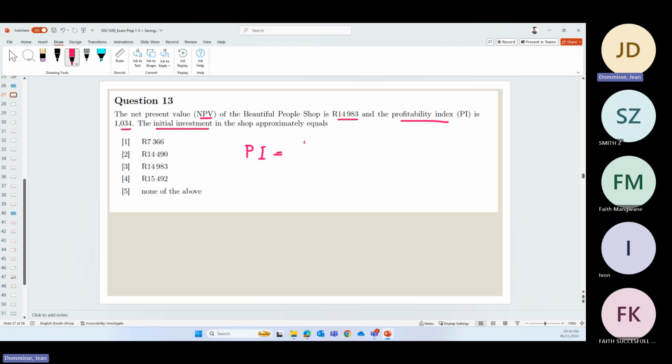So that is your profitability index: your net present value plus the original payment, or original investment, divided by your original investment. So let's complete a few things. Let's substitute.